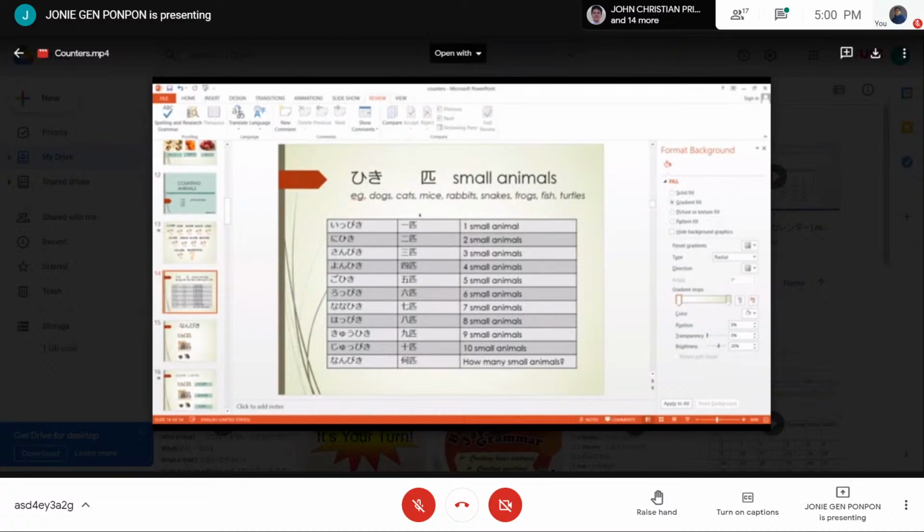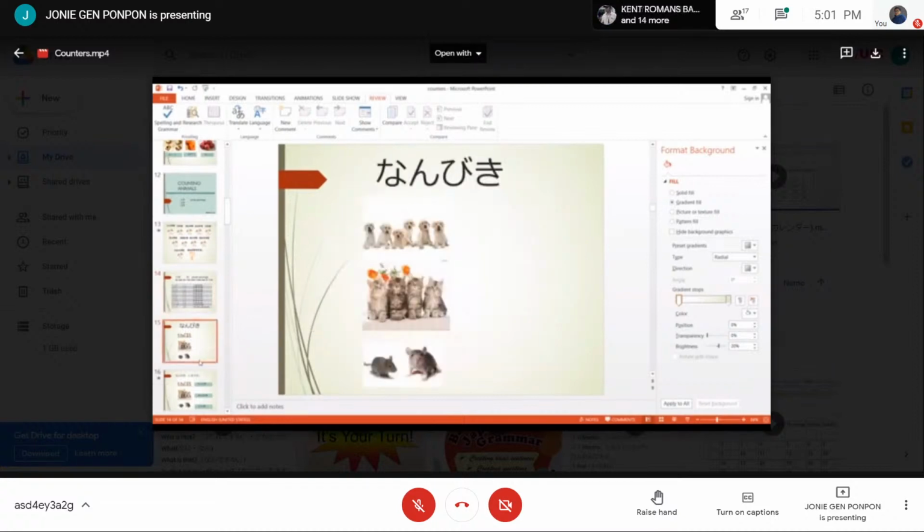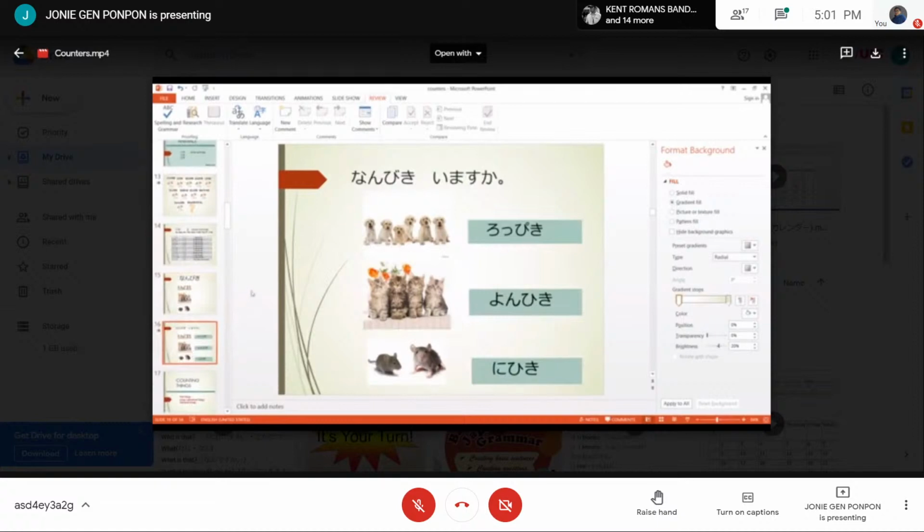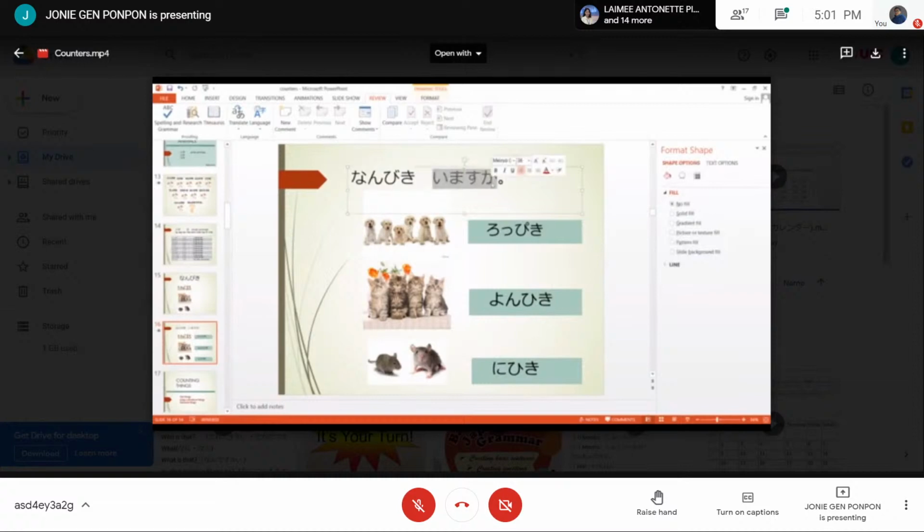So for animals, this is for small animals here. But I guess nagagamit naman siya sa lions. Basta animals. So this one, an example. Nambiki imasu ka? He used here imasu ka for saying how many are there.